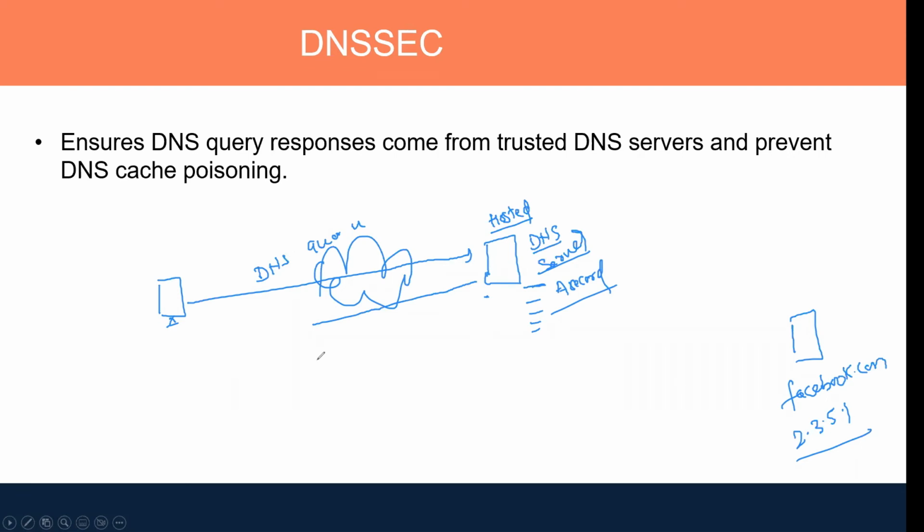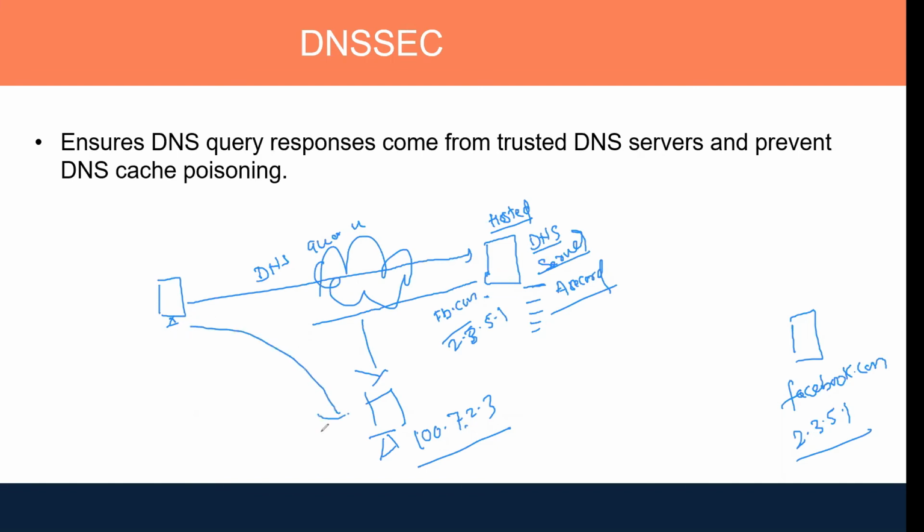Instead of putting the right IP, 2.3.5.1, which this DNS server was sending for facebook.com, let's say an attacker fetched the packet and modified the IP to any fake IP. It put its own IP, maybe 100.7.2.3. Now where is it going to reach? Instead of going to Facebook, it is going to be redirected to a malicious page, right?